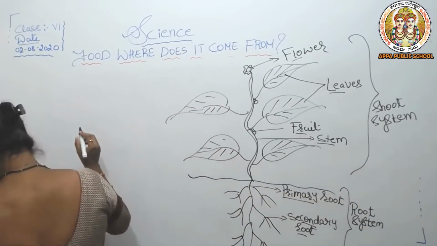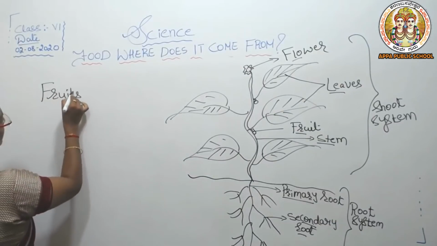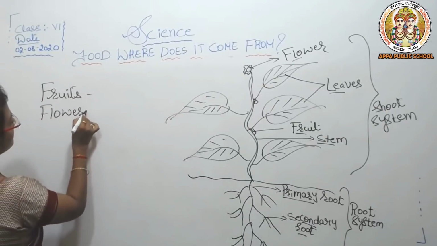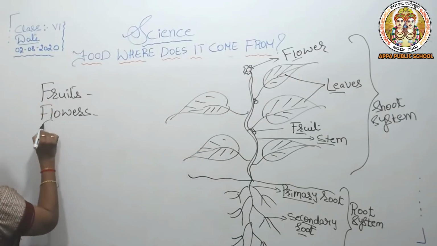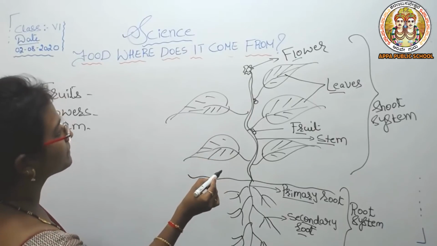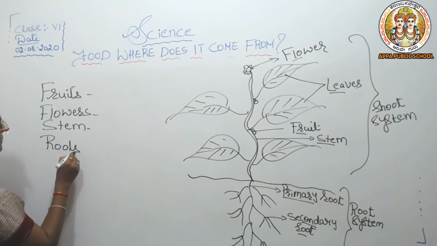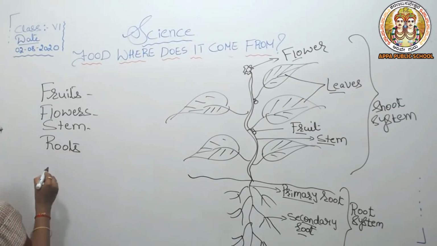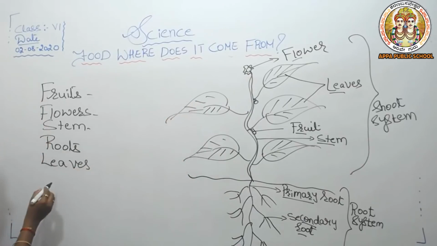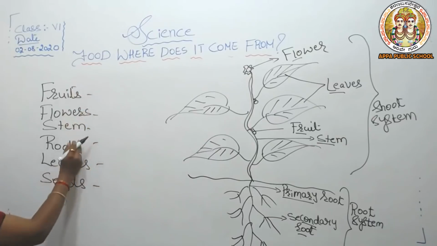Now we can see fruits, flowers, stem, roots, leaves and seeds. So these are the parts of plants.